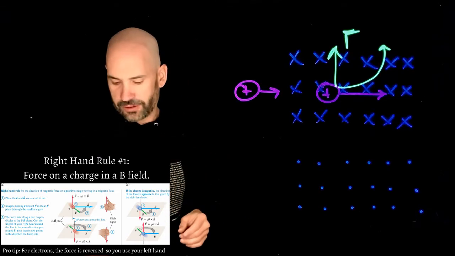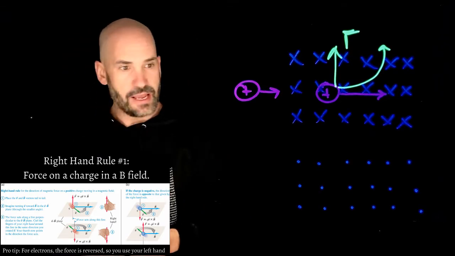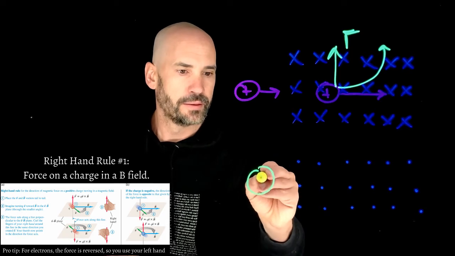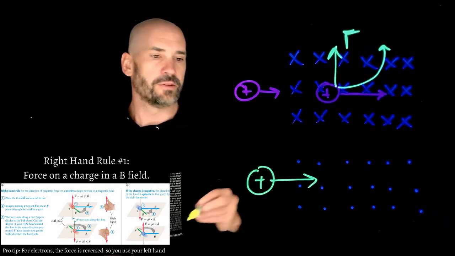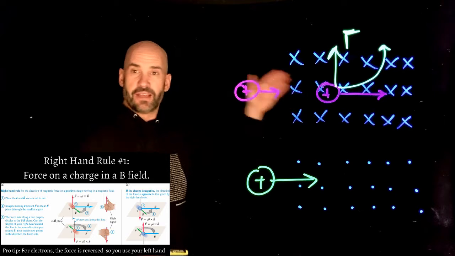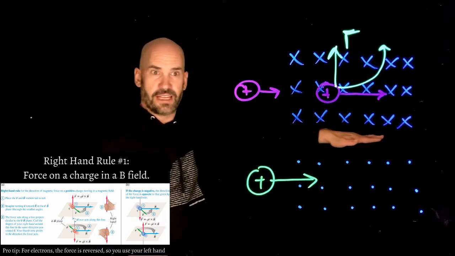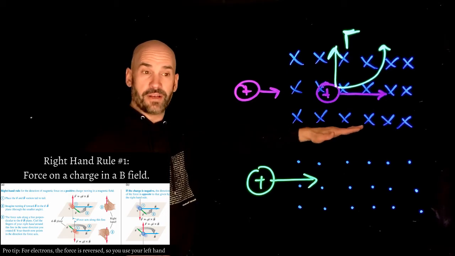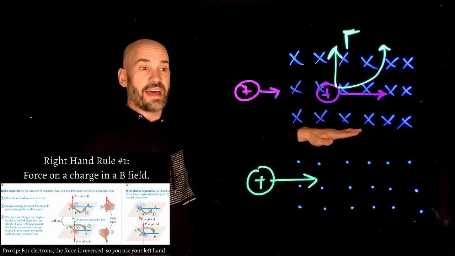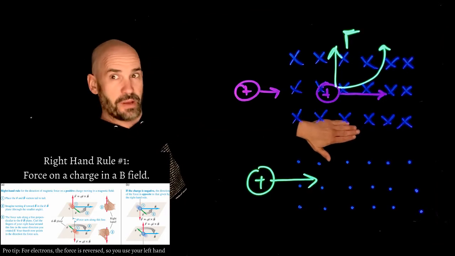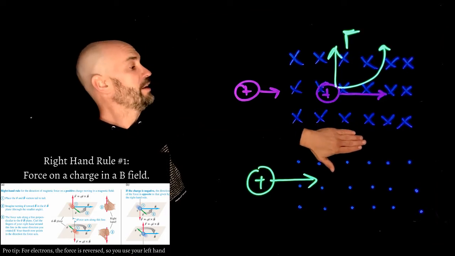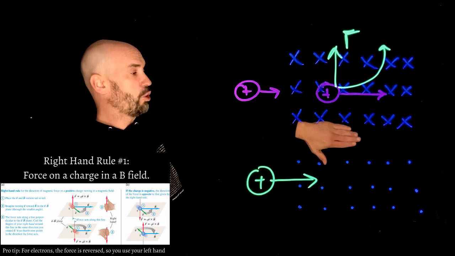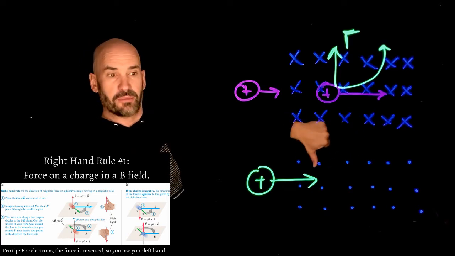Let's try another example. Let's say that we have a proton moving in this magnetic field. We do the same thing. Take my fingers, point them in the direction of velocity. Velocity is that way. And now I'm going to point my palm in the direction of the magnetic field. That is out of the page, out of the board this time. So I curl my fingers towards that B field, and my thumb is what's left.